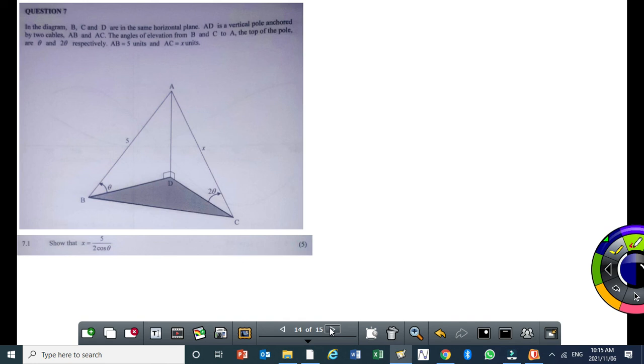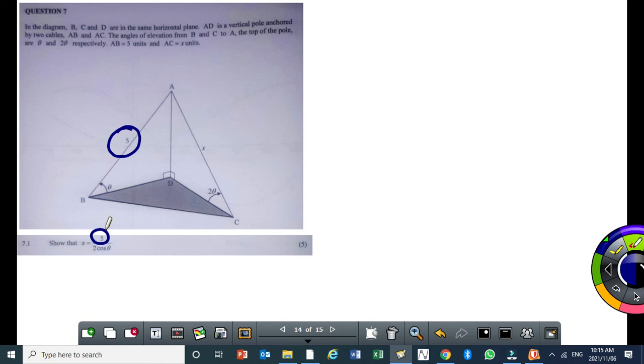If you are to write x equal to 5 over 2 cos theta, how can you get this 5 here? The only way you can get the 5 together with the x is by calculating AD in terms of x. That's the only way. Do you understand? To have x and 5 in the same equation, you have to find the length of AD in terms of x.